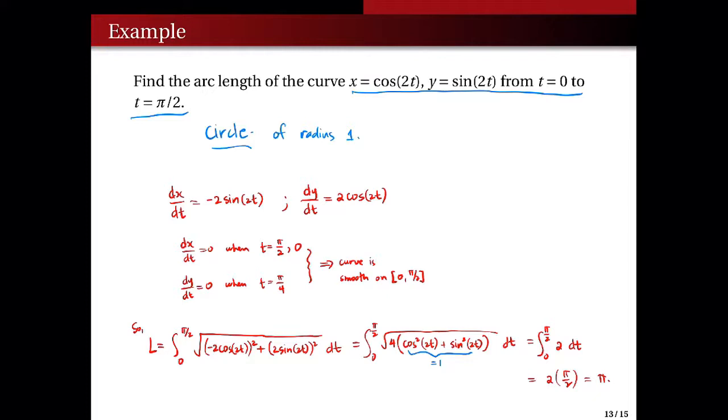So based on this, our L is just pi, and I said this is of radius equal to 1. So I am expecting 2 pi if this is the full circle. Maybe this is just a semicircle. But anyway, based on this computation, unless I missed something, we got the arc length equals pi. And that's the arc length of a semicircle.